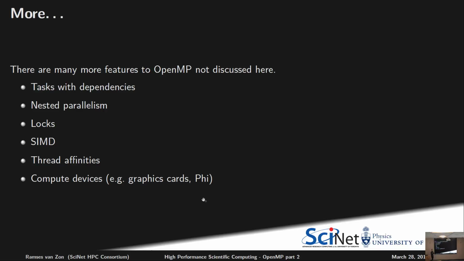And then this idea of you have a node, and on top of that I plugged in a compute card, say a graphics card, and I want it to do some computation for me. It's not quite the same model, and so they've put this in OpenMP, but it's a different model, because now it's not shared memory programming anymore. So we're not going to talk about that much here, but it's in there too.